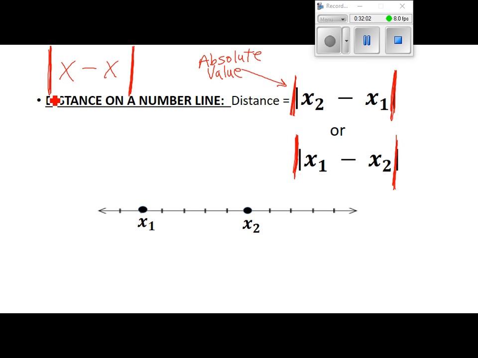So this is, again, the mathematical way to do it. x sub 1, x sub 2. Those little 2's and 1's are called subscripts, and they just tell you that your 2 x's are different. 2 different coordinates, 2 different points.